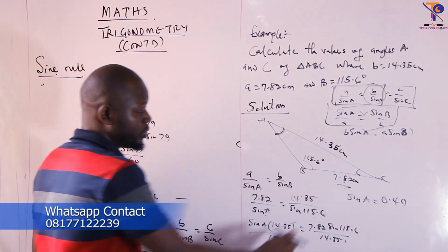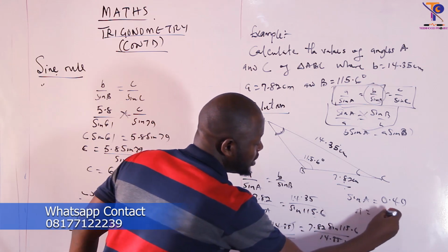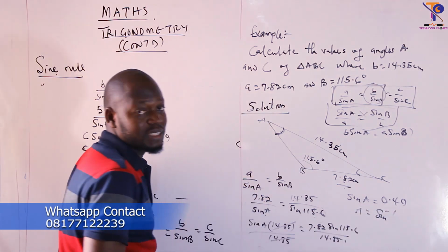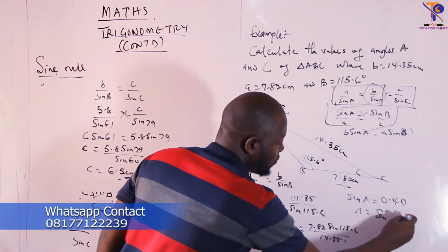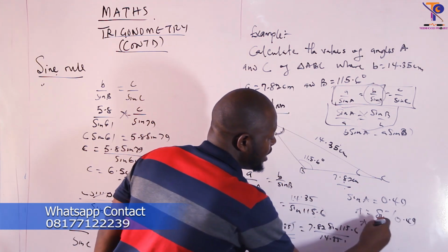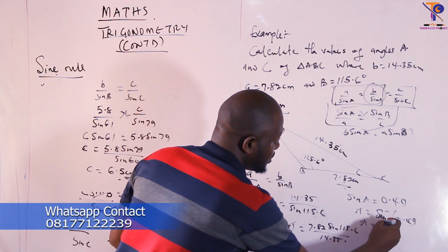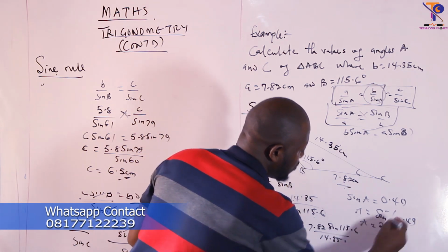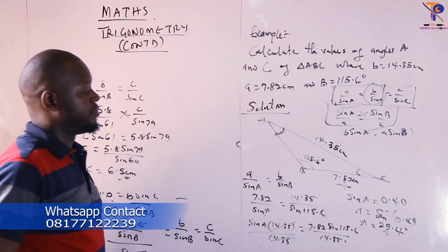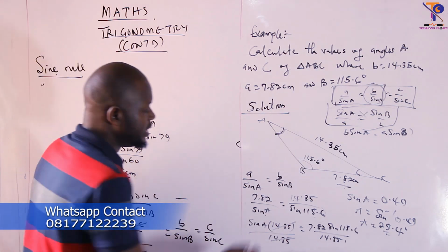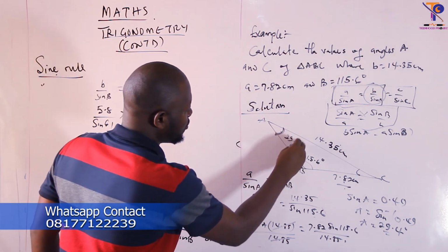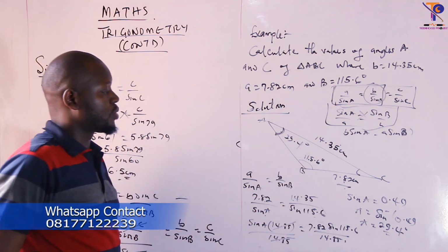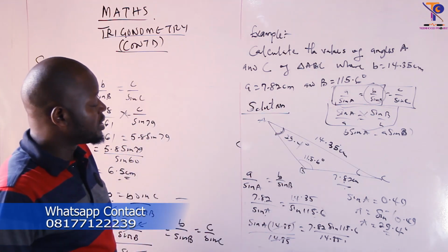To get my A, don't forget we did this arc sine, that means inverse of the sine of 0.49. Our A gave us 29.4 degrees once we use the calculator. So we have 29.4 here.